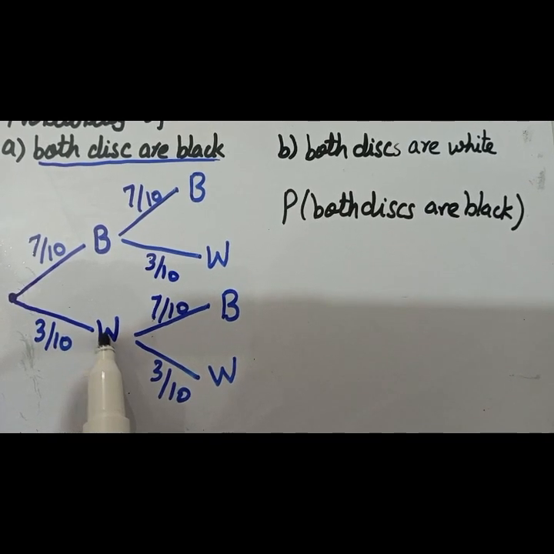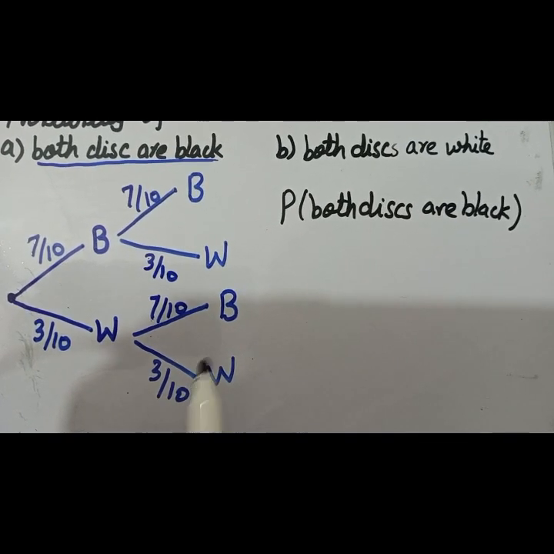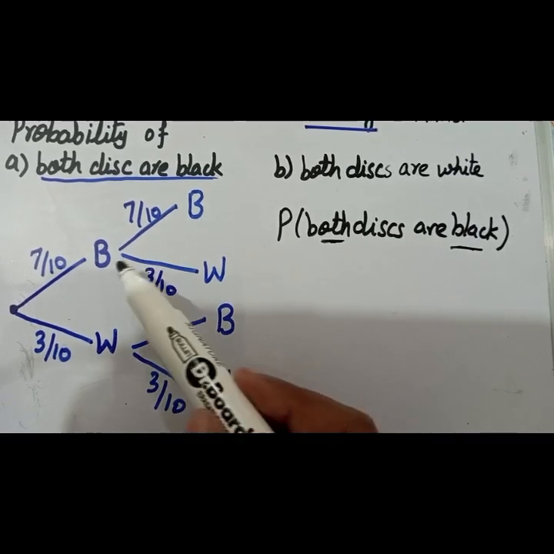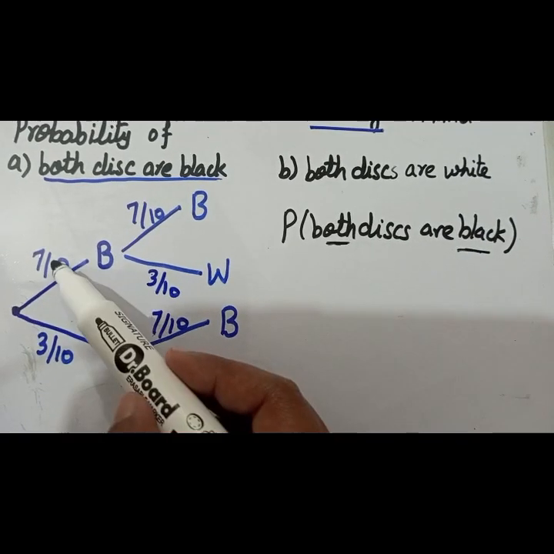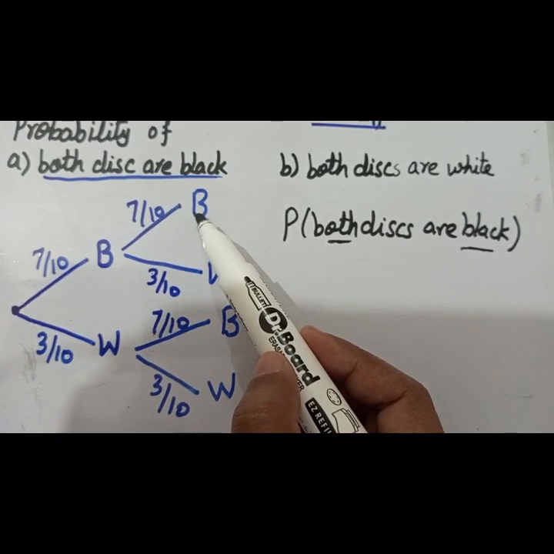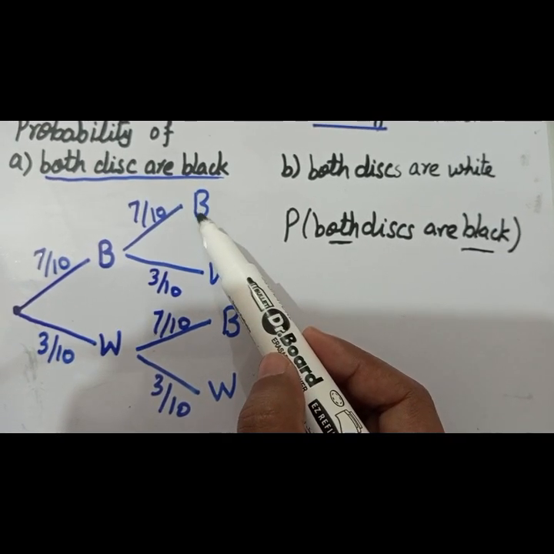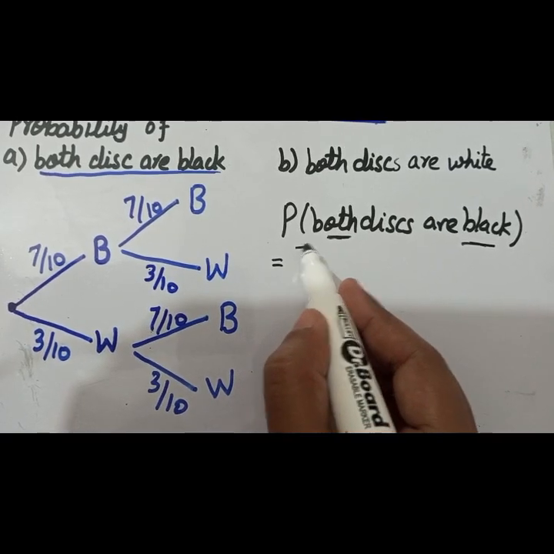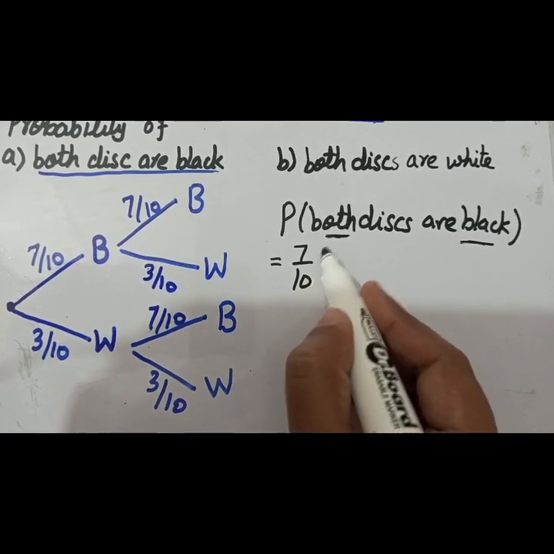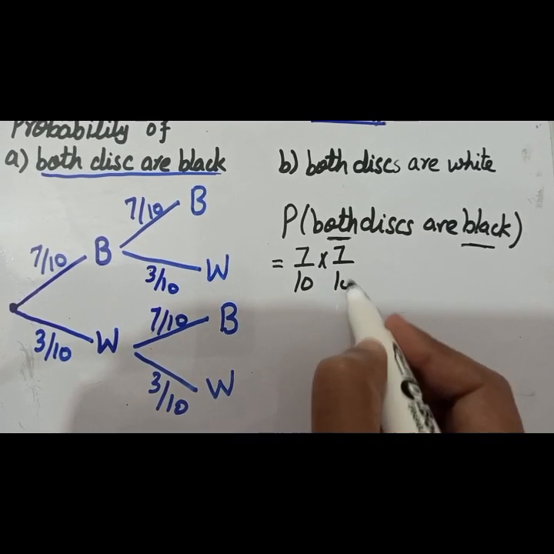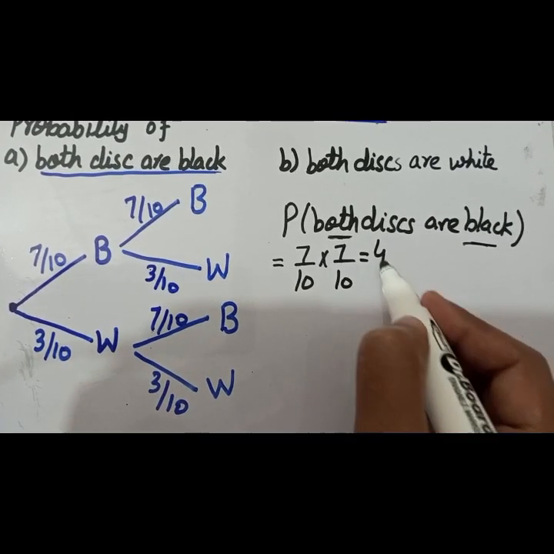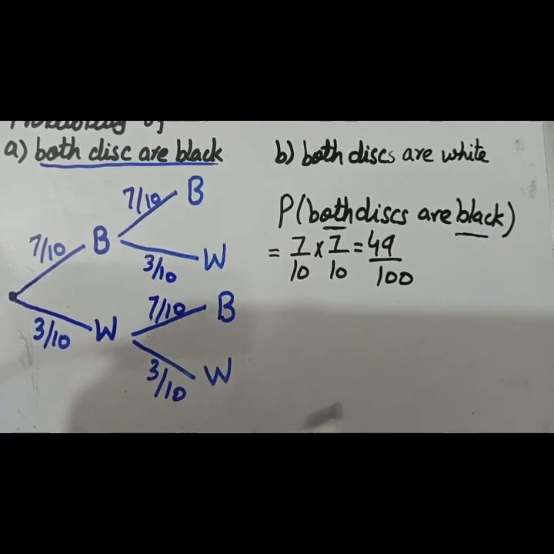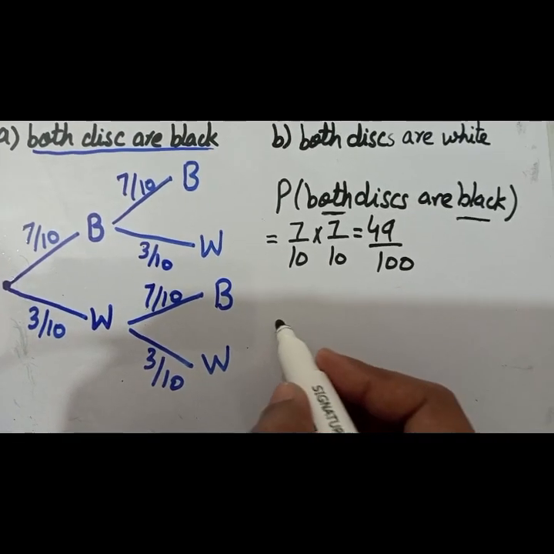Same way, W means white and white. But he is asking about both discs being black. It means the probability of the first black is 7 by 10, while the second black disc also has probability 7 by 10. So what you will do over here, you have to multiply these two probabilities: 7 by 10 times 7 by 10. You will get the answer 49 by 100. The tree diagram will help you to find out the probability in an easier way.